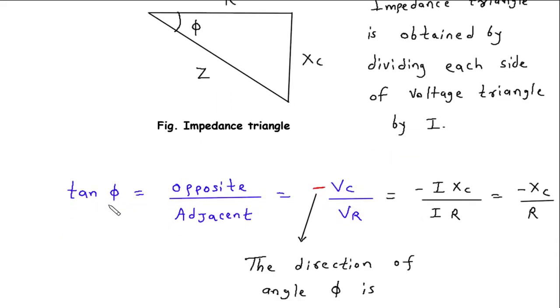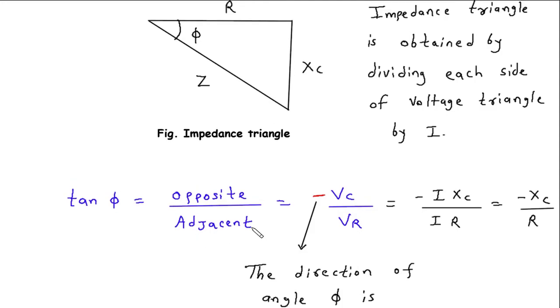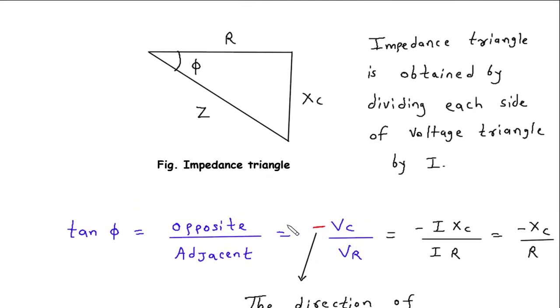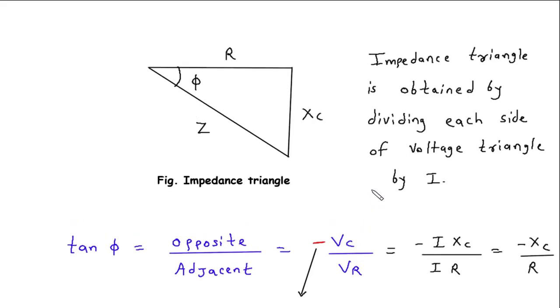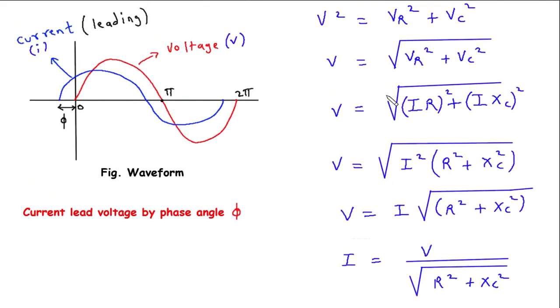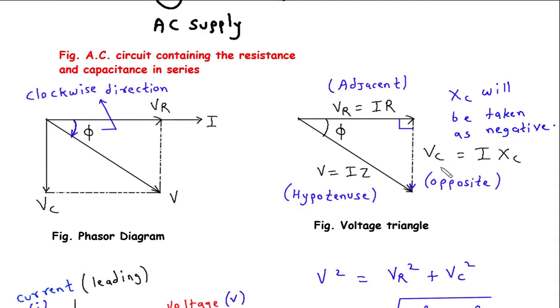Now tan phi is equal to opposite side upon adjacent side. So the opposite side is minus VC. Here we can see that the opposite side is this minus VC.